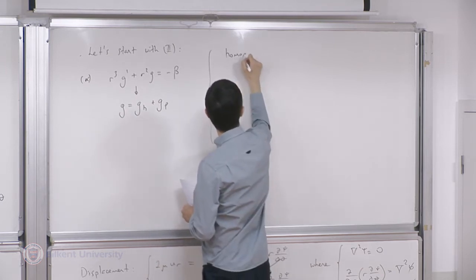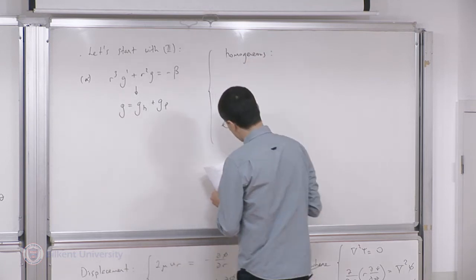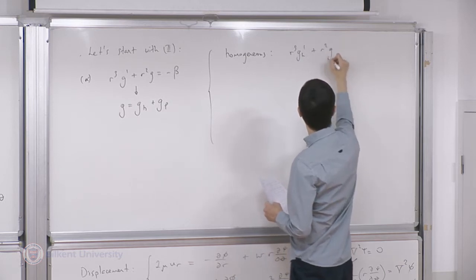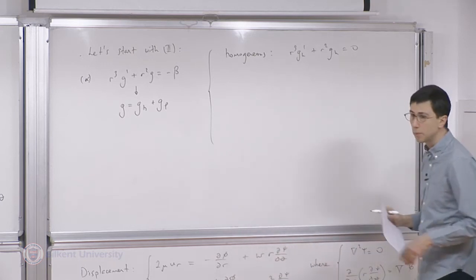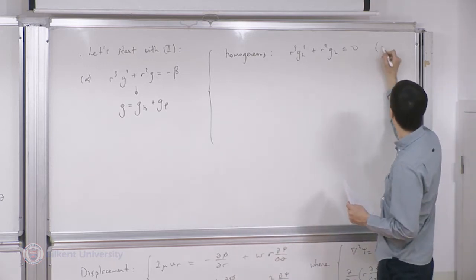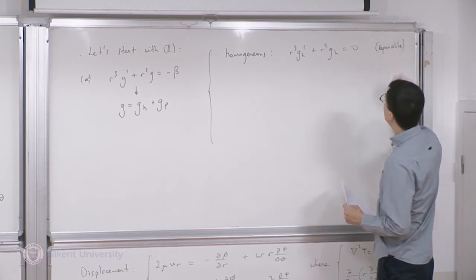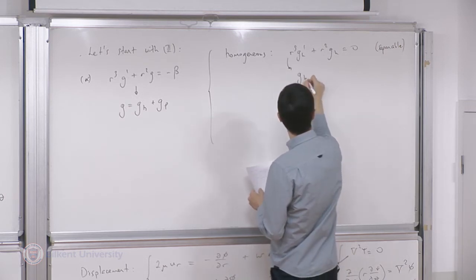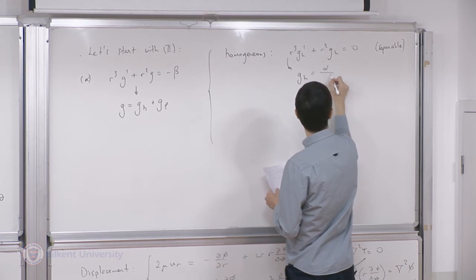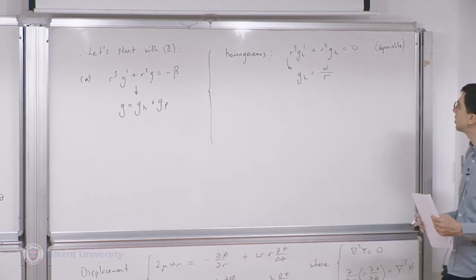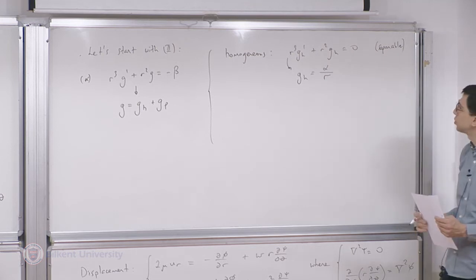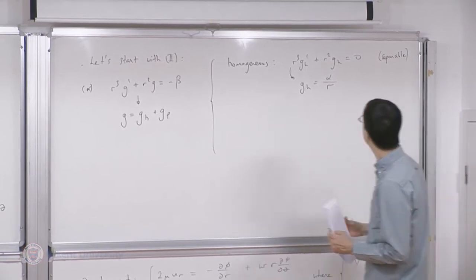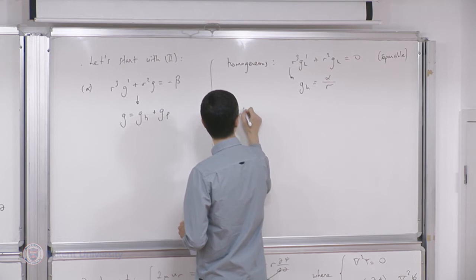Let's begin with the homogeneous one. The homogeneous one has to satisfy r cubed g_h prime plus r squared g_h equals 0, and that's a separable differential equation. Separable, therefore, delivers that g_h is equal to alpha over r. Here is where I'm skipping the details. I'll just indicate what it is, and then the solution comes immediately. You can also see what the solution is by inspection, I suppose. So that's the homogeneous part. And then there is the particular solution.